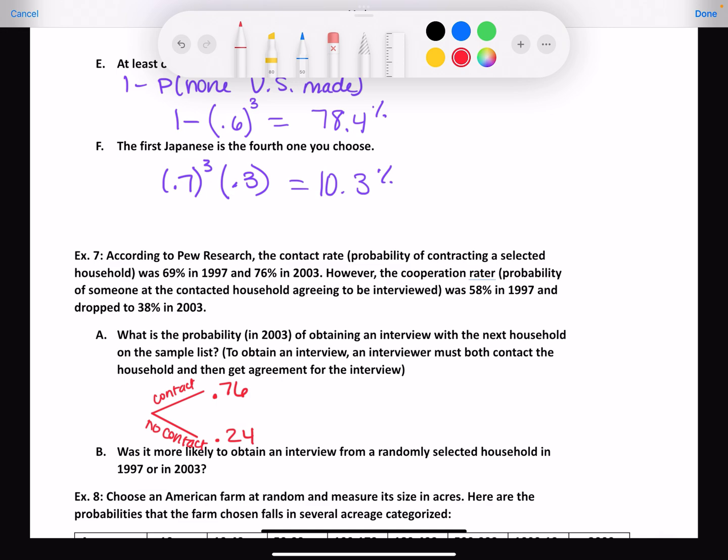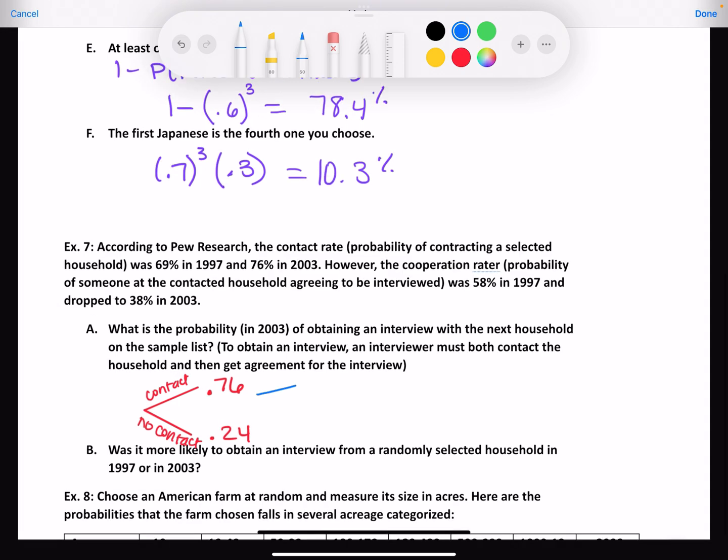And then after you make contact, you have to get them to either agree to be interviewed or no interview. So no interview, I'm just going to write no INT, or agree INT. Agreed to interview was 38% in 2003, so 0.38. No interview is everything left over, so it'd be 0.62.